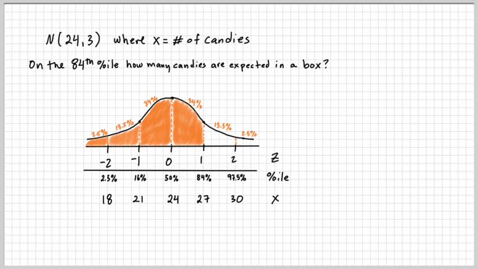Why am I adding 3? 3 is the spread, 24 is the mean. The mean is the middle, 24. And then how is it spread out? The variation from the mean. It's spread out by 3. 24 plus 3 is 27, plus another 3 is 30.